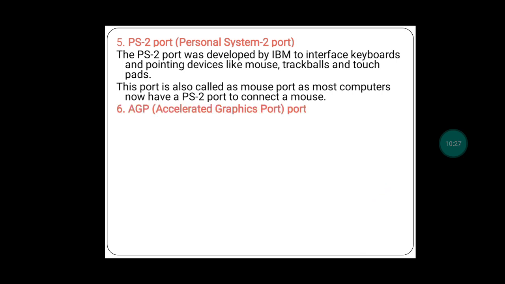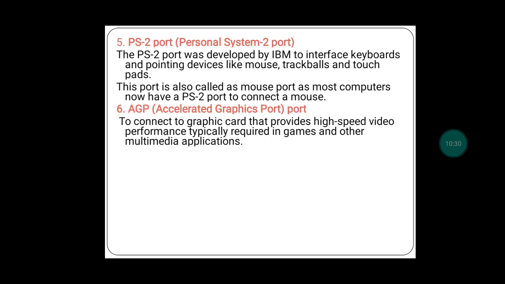Okay. So the next port is the AGP port, that is accelerated graphics port. You can guess what this port is for, as the name suggests. This port is used to connect a graphics card that provides high speed video performance, which is required in games and other multimedia applications. If you want to play some games on the computer system, you should have connected your graphics card to the computer system.